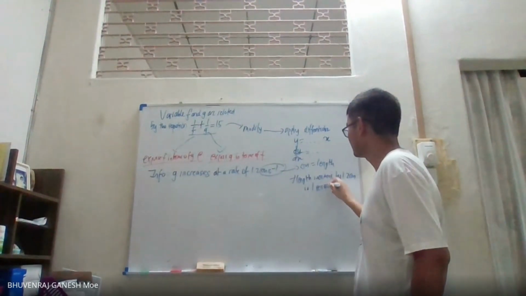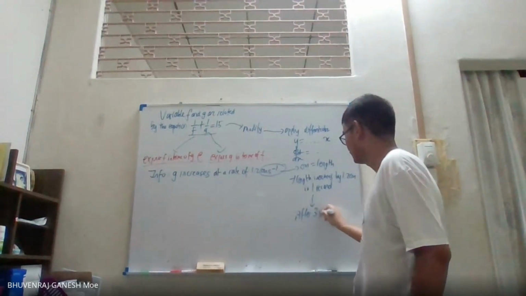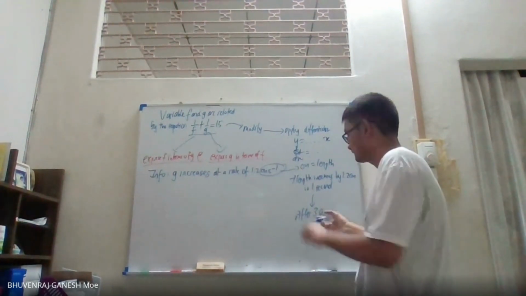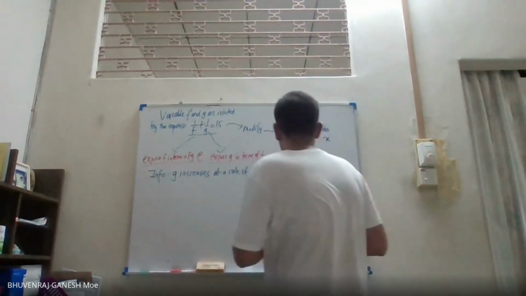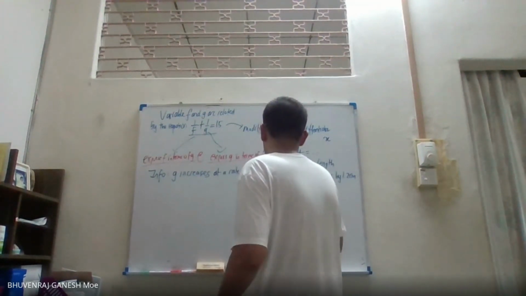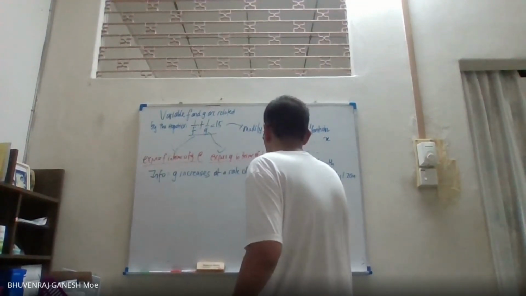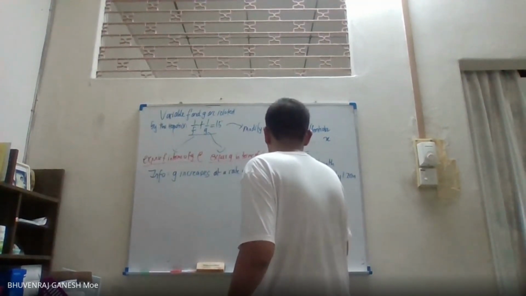So let's say I ask you, after 3 seconds, let's say I assume the rate of increase is constant. You have to make this kind of assumption, or else you can't calculate anything in maths.